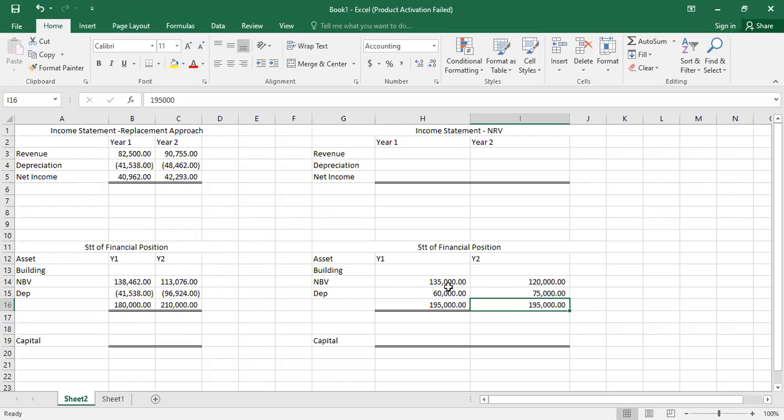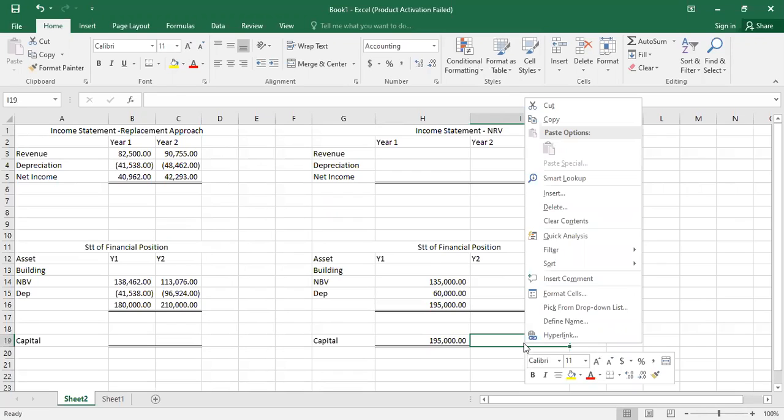So we've taken 60,000, we've added 15 to get 75. Are you seeing how we are getting there? So this one doesn't have any problem. So this one we can just balance off. Has everyone understood?